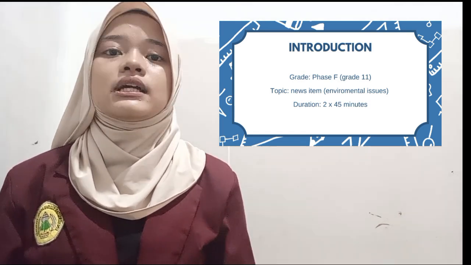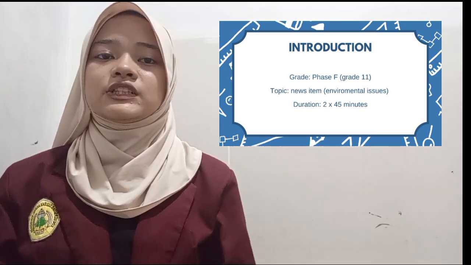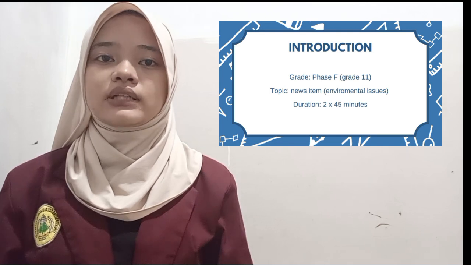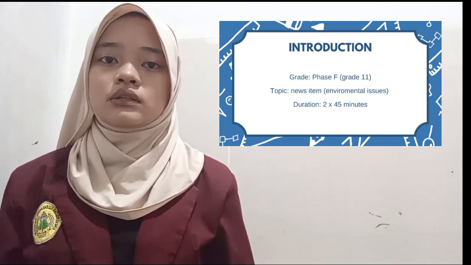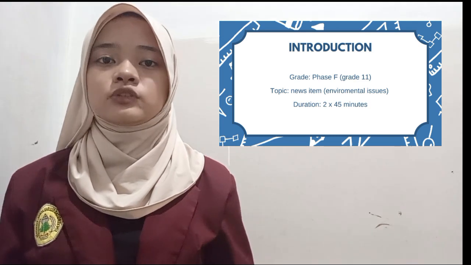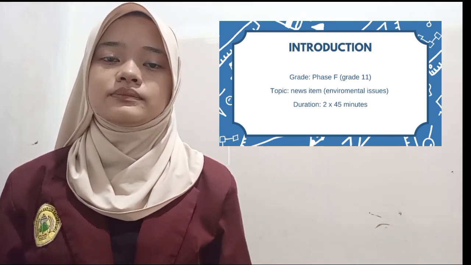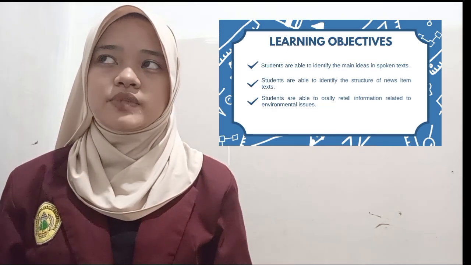I selected environmental issues because they are closely related to students' daily lives and can increase their awareness of current global challenges. Through this topic, students are expected not only to learn English but also to become more aware of environmental problems around them.